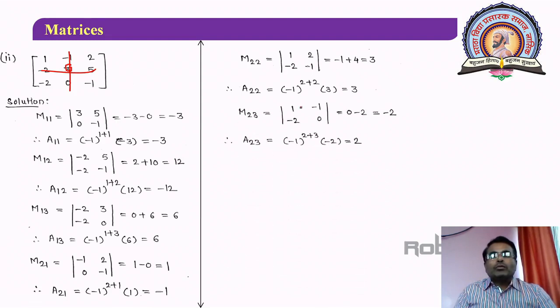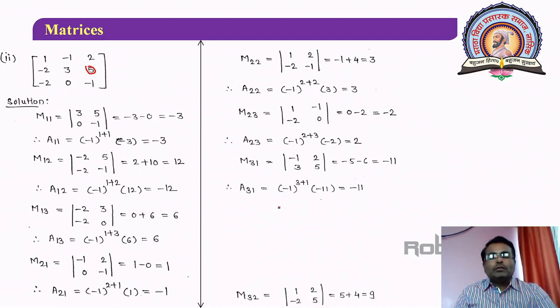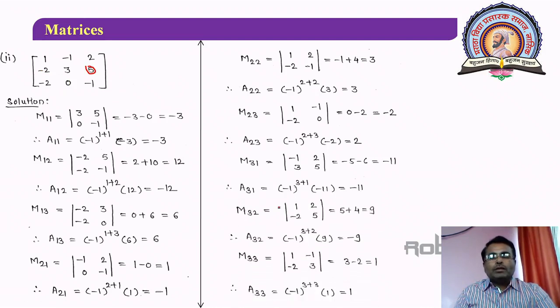In this way you will get the result. Similarly, for the next element, that is A23, you will get the minor in this way. Similarly, for 3, 1, 3, 2 and 3, 3, you will get the minors. Now once you get all the cofactors, you can stop, because we have to obtain cofactors only here, not the inverse.